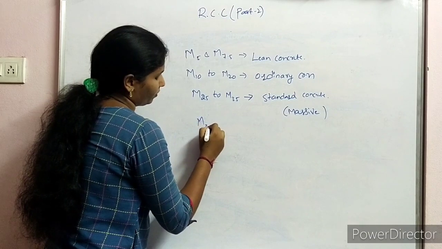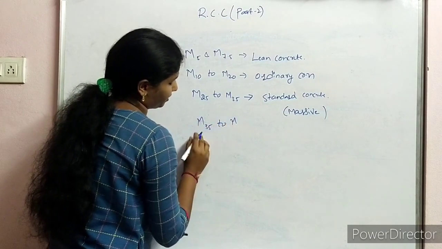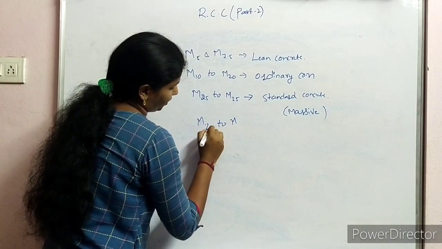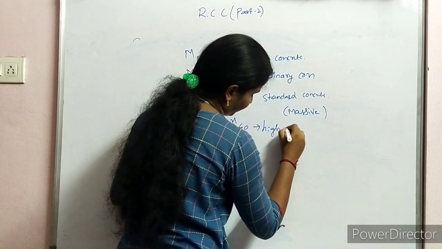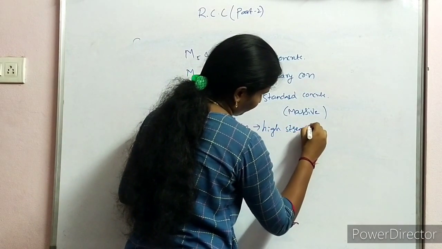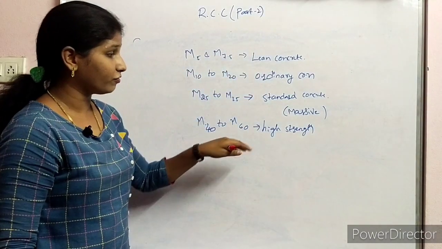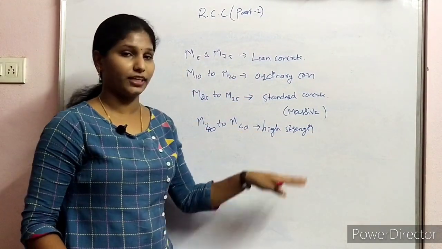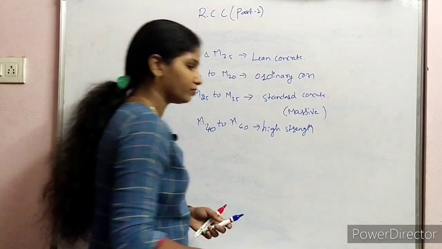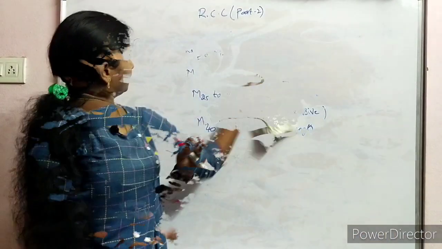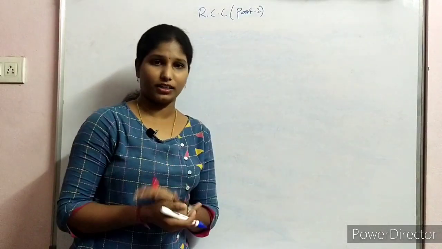Whereas M35 to M40 to M60 is used as high strength concrete. When we require high strength, in that area we use these grades of concrete, making the structure a load bearing structure.